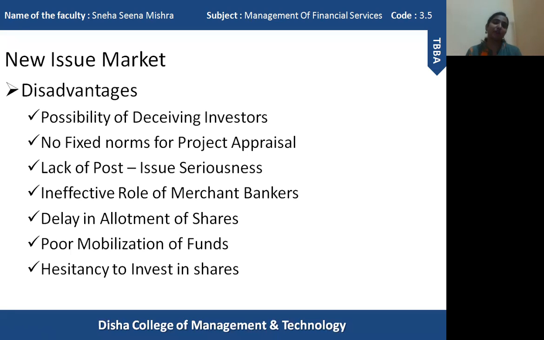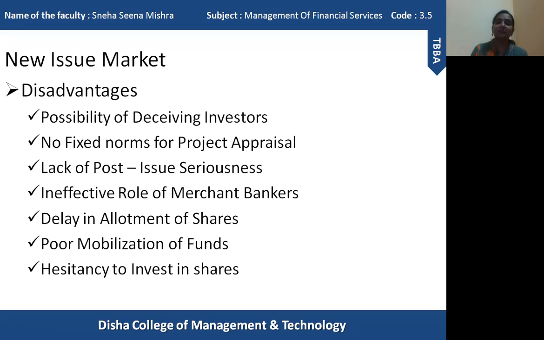They do not feel these securities are going to provide them with a regular source of income. These things discourage them, because it is also very risky for them. They may lose their entire investment. Such lack of information leads to poor mobilization of funds.